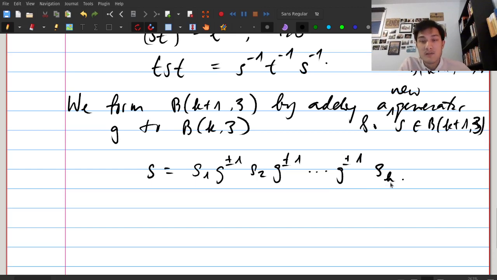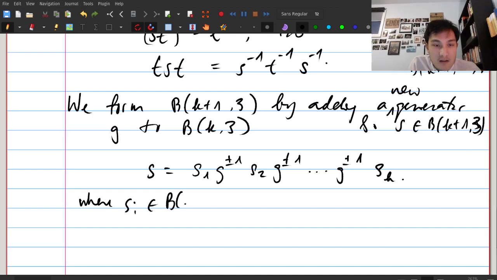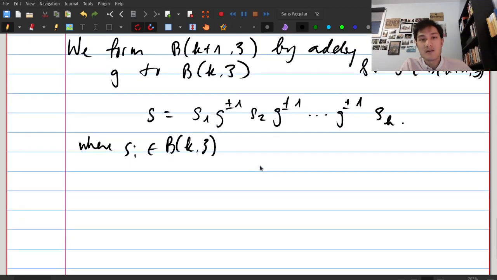A priori, h could be large. The point is that s can be written as a product of generators, and g is one of the generators. The other generators are all in the original group B(k,3), so we combine them to form some s_i in B(k,3), and only the g's are left, possibly g inverse.